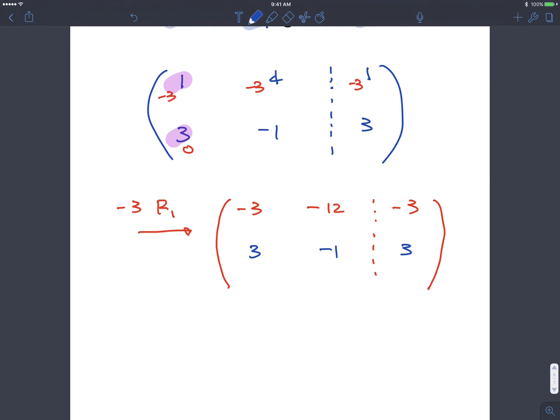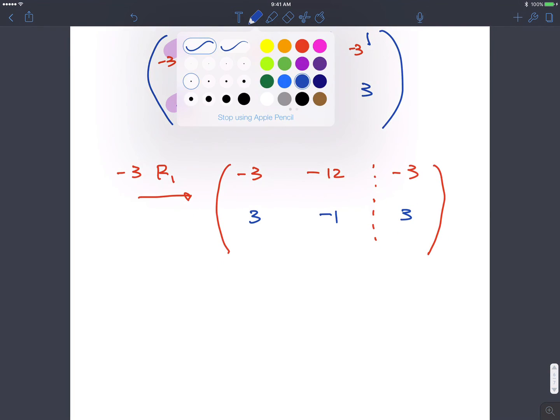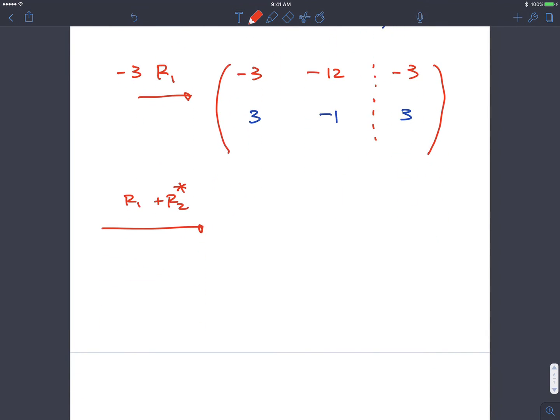Now, what we're going to do here is add the rows like we did in the prior example. So we're going to take row 1, we're going to add it with row number 2. Row 2 changes. Make sure we notate the change. So notice what happens now. Let's focus on this. Row 1 entry with row 2 entry in that first position.